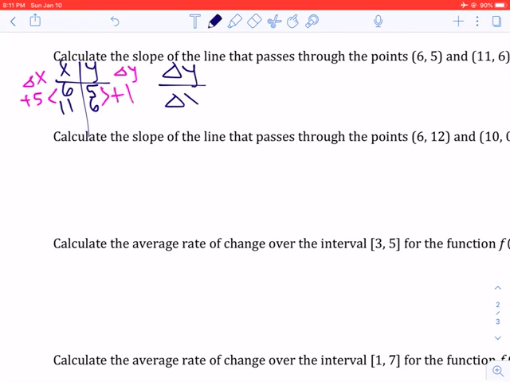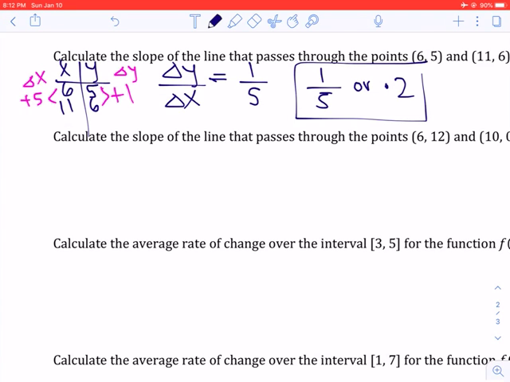So now we calculate that ratio, delta y over delta x, is 1/5. Okay, so our average rate of change is 1/5 or 0.2. Trying to box around it. So my x interval is longer than my net y change. So we're going over more than we're going up or down.